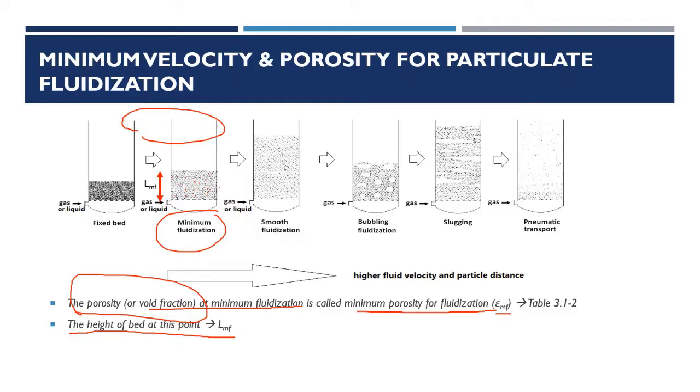The minimum height of the bed at minimum fluidization, we call it LMF, length at minimum fluidization. Jadi ketinggian dari fluidized bed pada kondisi minimum fluidization itu disebut sebagai LMF.